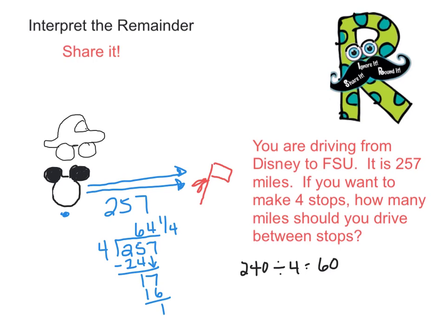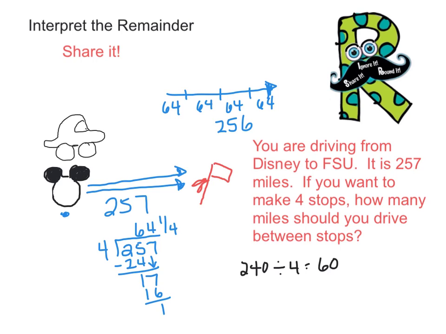And let's look at that. So say you decide you want to ignore it, then you would go 64, stop 1, 64, stop 2, 64, stop 3, 64. So if I were to add those up 4 times, I'm only going to get 256. I didn't make it.